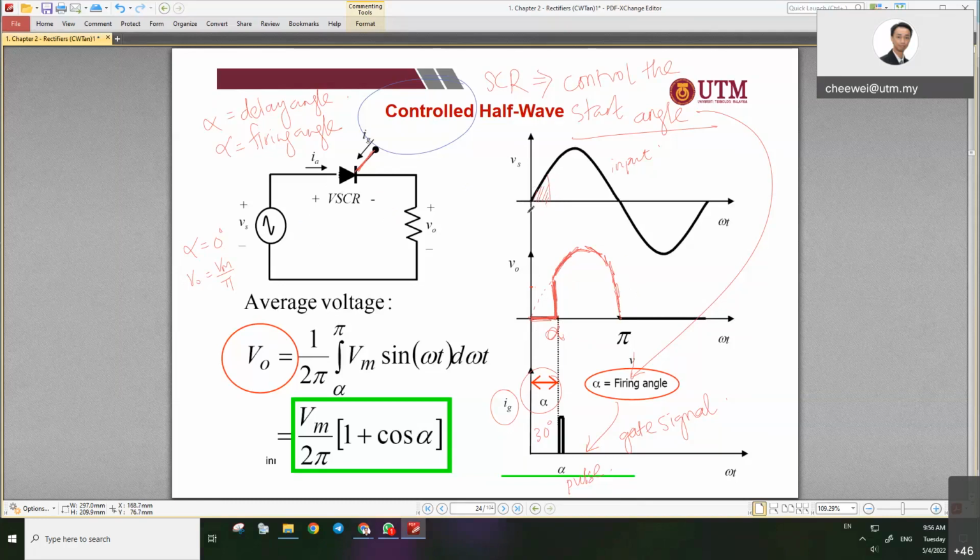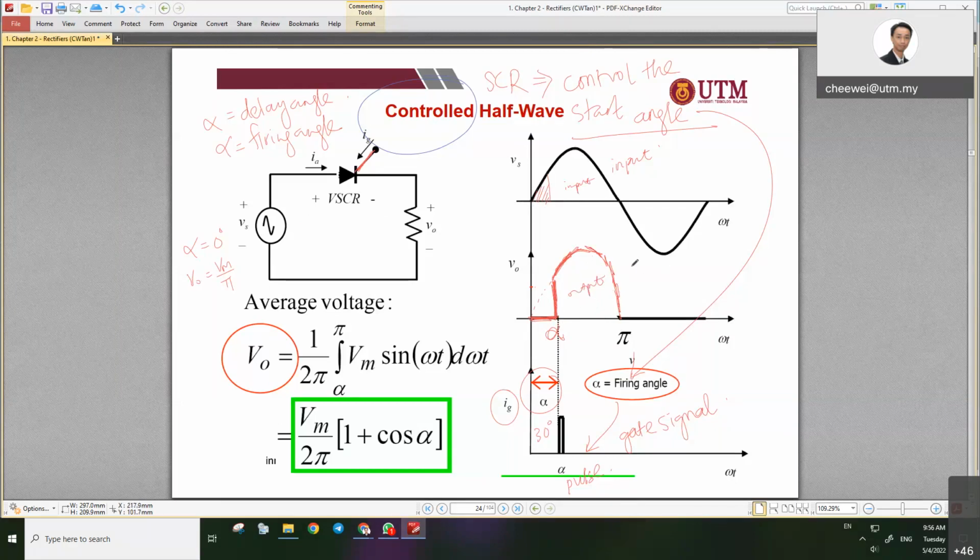Does it affect my total area under the curve? This curve is the input. This is the output. The area of the output, because this triangle cake is being cut away, becomes smaller.